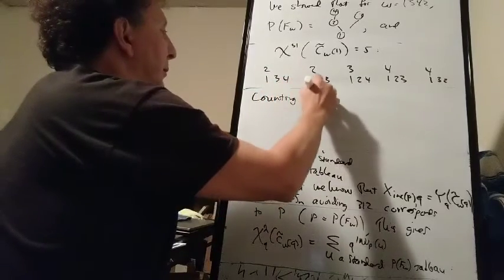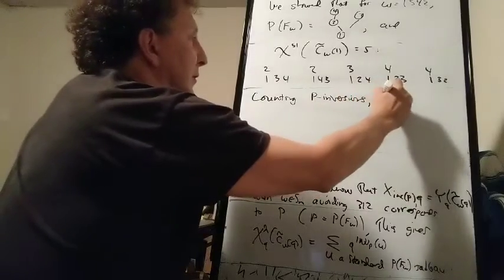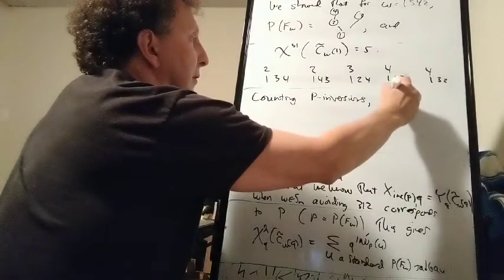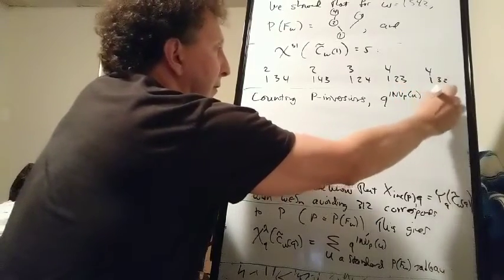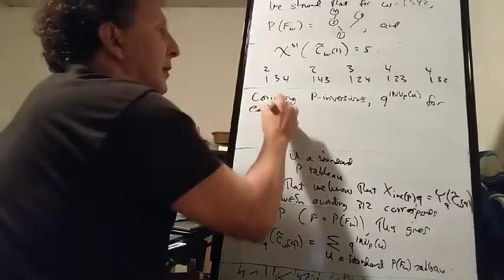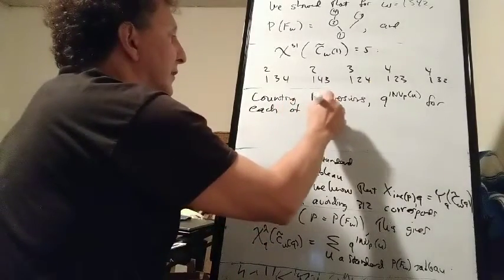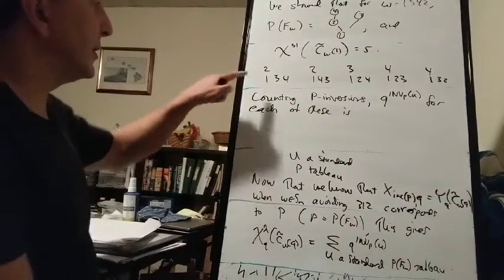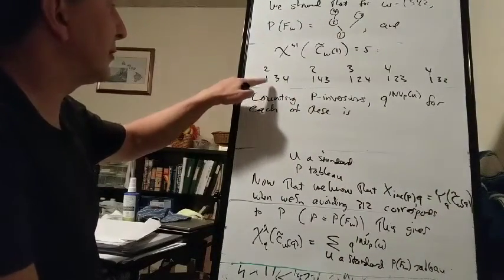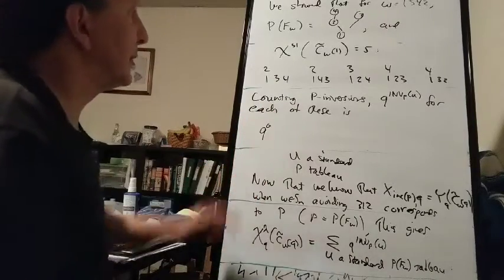Now, if we count P-inversions, then q to the number of P-inversions for each of these is, so here, I guess we don't have any greater letter followed by smaller letter, so q to the 0th.